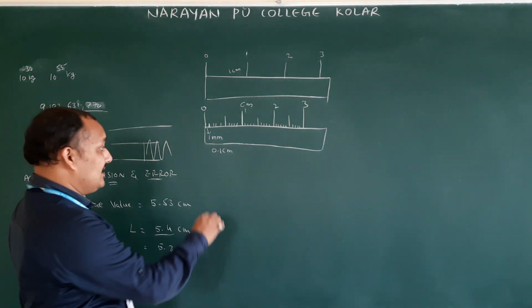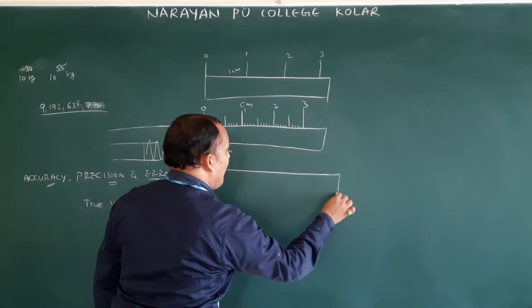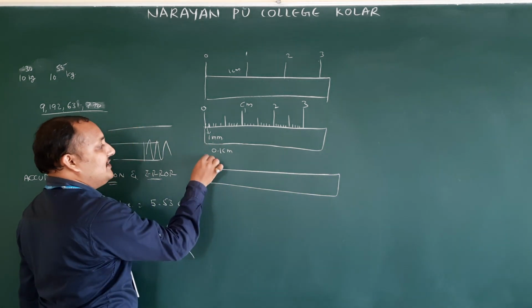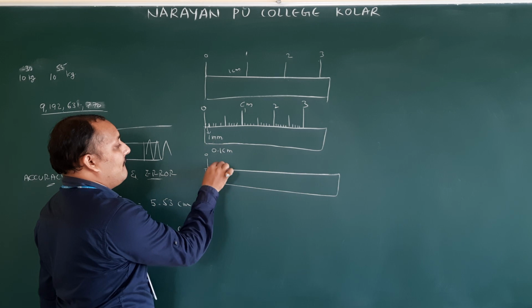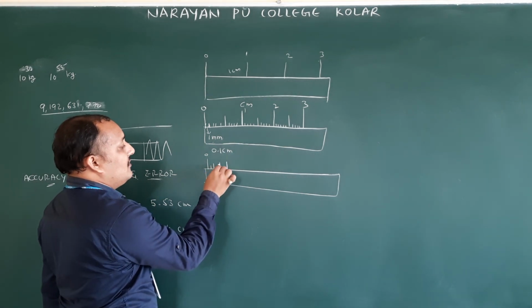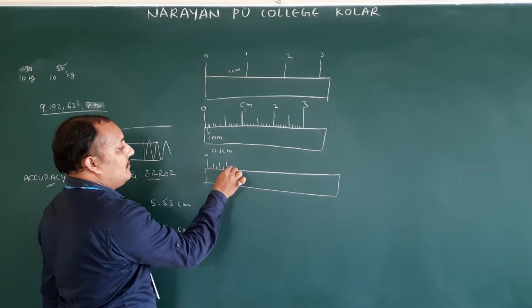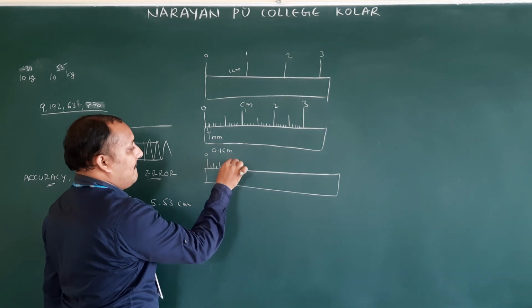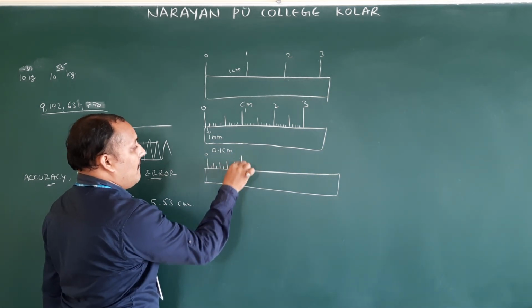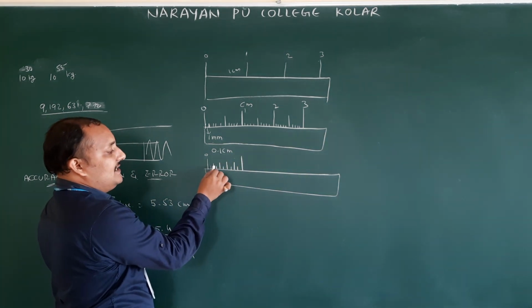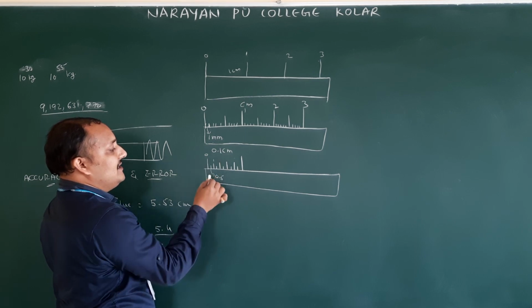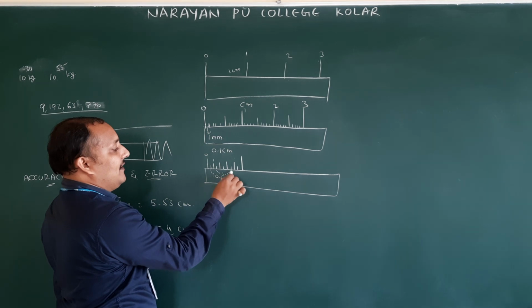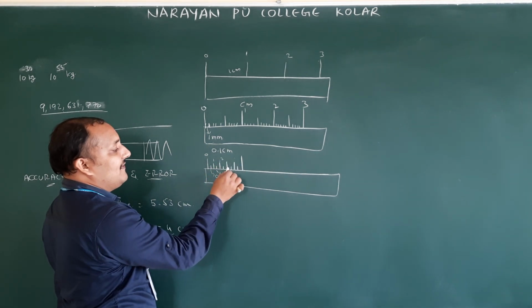Another scale also you can see. This is 0, this is 1, and then this becomes 0.5, this is 1, 1.5, this is 2, 2.5, like that.